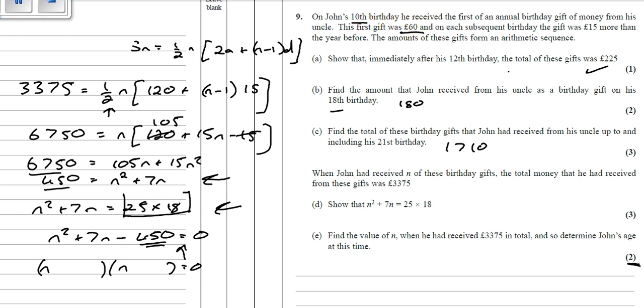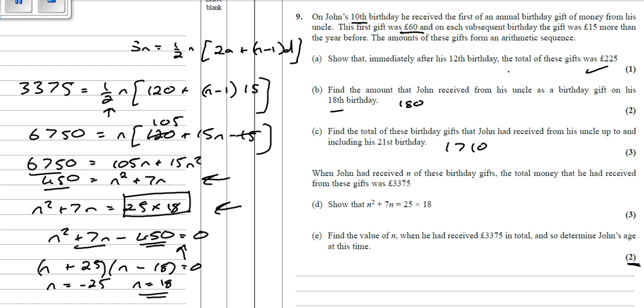What we've learned from the previous question is that 25 times 18 is 450, and the difference between 25 and 18 is 7n. It's going to be n plus 25, n minus 18. So our 2 solutions: n equals minus 25, and bear in mind that n is the number of years, that can't be right. n equals 18.